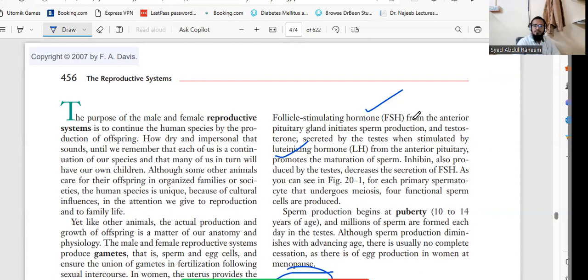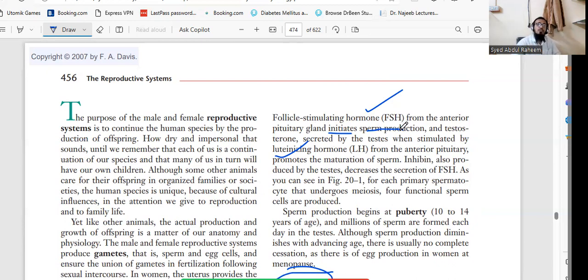Sorry, here one thing. FSH hormone does not stop it. It will initiate the sperm production. What does FSH do? FSH begins the process of sperm production. But what does LH do? LH will mature the sperm. With that, meiosis will happen easily.